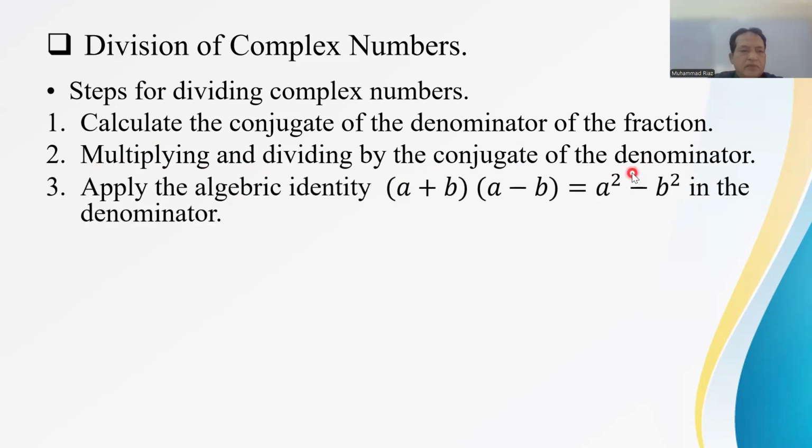Third step, after multiplying and dividing by the conjugate of the denominator, apply the algebraic identity, the third algebraic identity. As you know, a plus b into a minus b is equal to a square minus b square in the denominator.